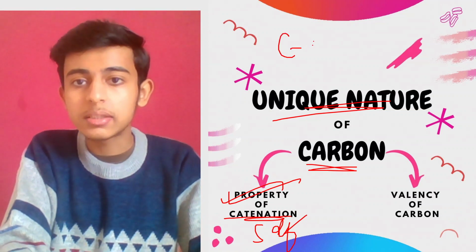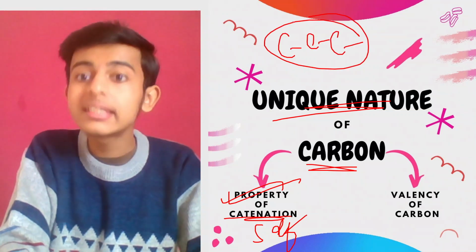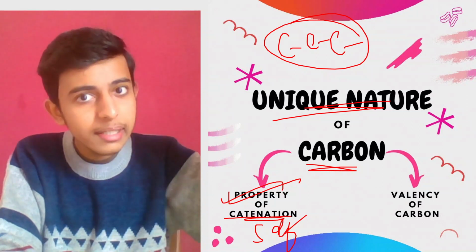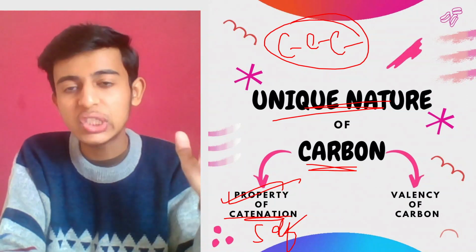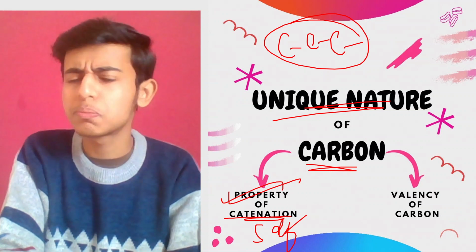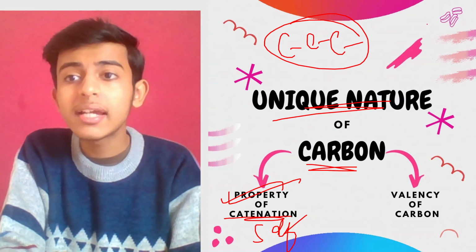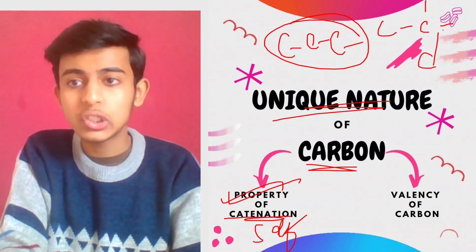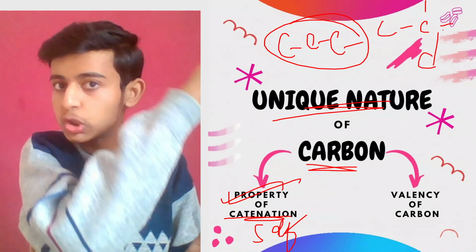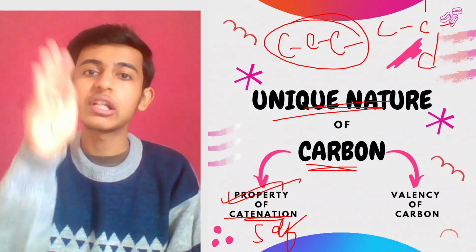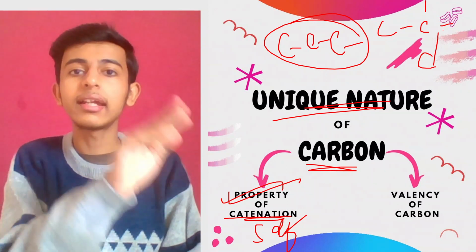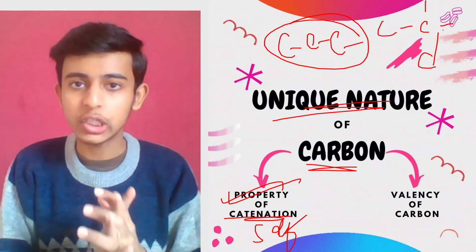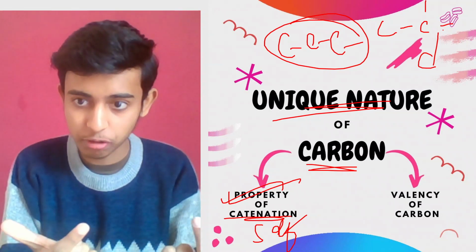It can make different chains, different branches, different rings. It means making the compound in such a way that they have different structures: either a long chain, or a branch form, or a ring form. That is catenation, the self-linking property of carbon.